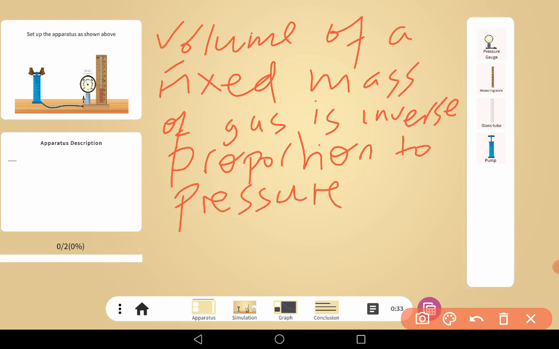It's one of the gas laws, so we're saying you can model this law.